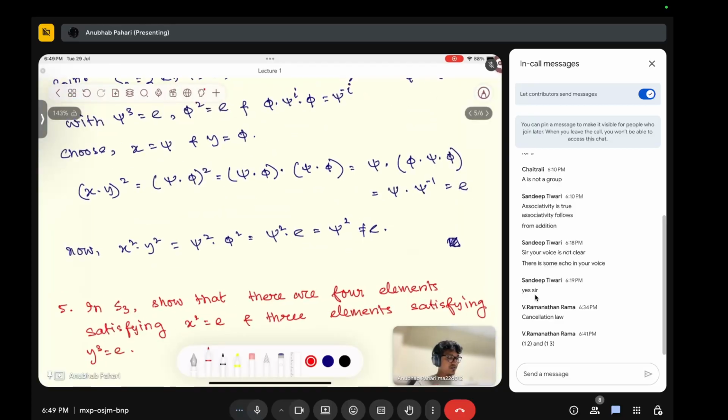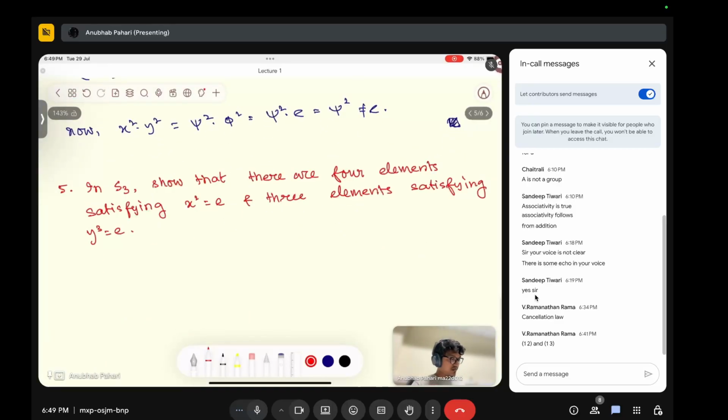Okay, so again we take S3 as E, psi, psi square, phi, phi dot psi and psi dot phi.